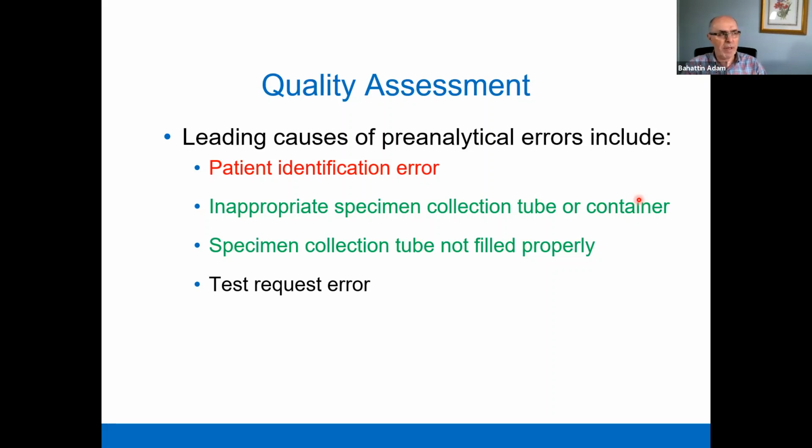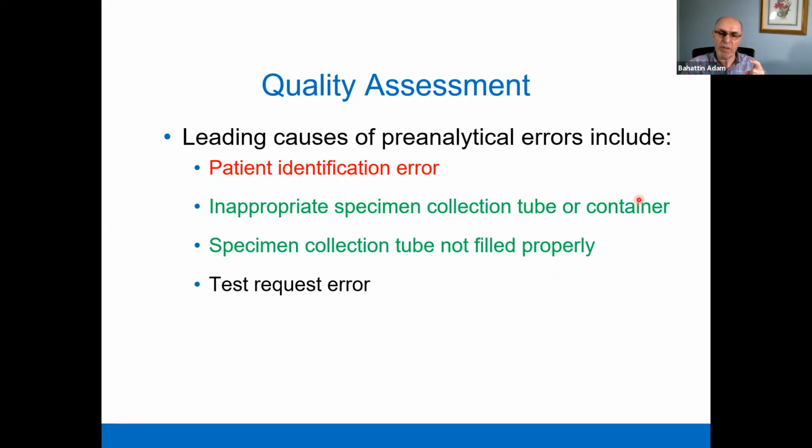Since there is some amount of anticoagulant or additive in the tubes, it should be proportional to the total volume of the blood. Therefore, you have to fill the test tubes in order to get correct results.